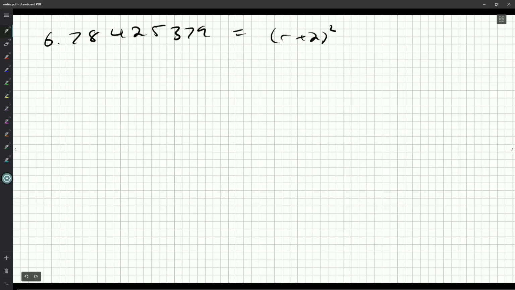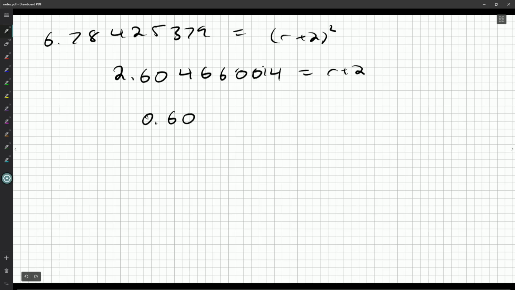So I square root it. R plus 2 should be 2.604660014. Subtract 2 on both sides. R should be about 0.604660014. Because I've been keeping as many decimals around as I could, I'm confident that when I now round this up to 0.605, we should be good.